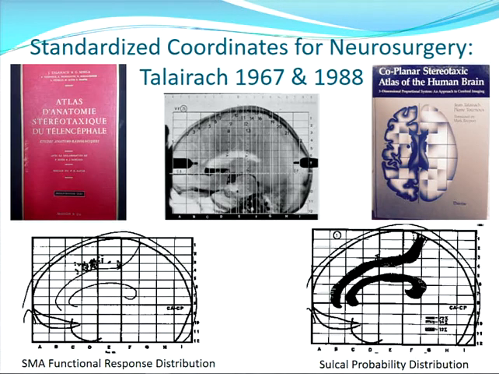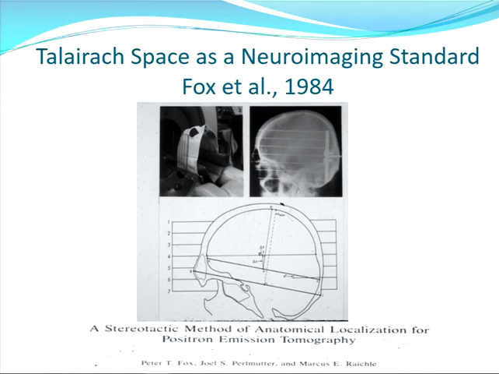A couple of atlases have guided our field quite a bit. The 1967 Talairach Atlas had several brains and led us to a method for aligning brains for averaging.